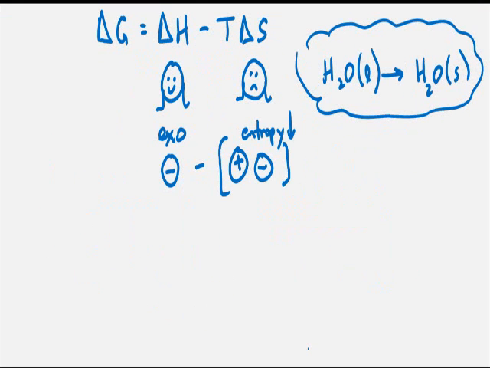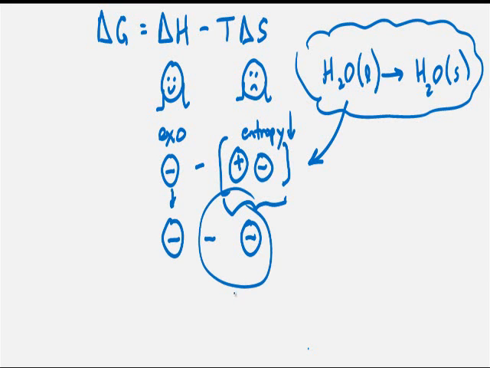Now, this process of water freezing, if we take a look at this, what we can see is that with our temperature, which is positive, times a negative entropy, that's going to give us a negative number. With our subtraction in here, we have a minus for our exothermic process. Now, having the minus minus here gives us essentially as though we're adding a number on.